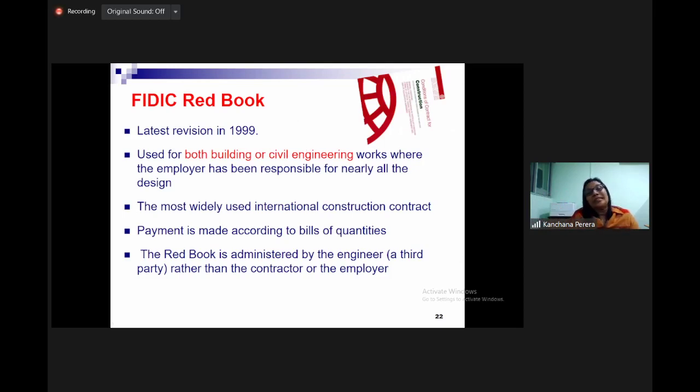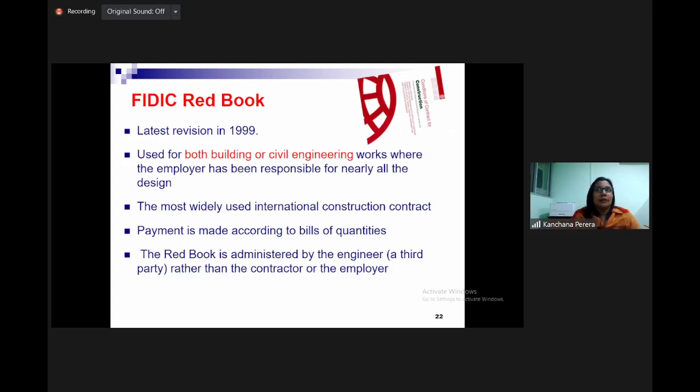Used for both building or civil engineering work. Payment is made according to the bill of quantities. So they follow the bill of quantities, and there should be a correct bill of quantities in this. The red book is administered by the engineer.